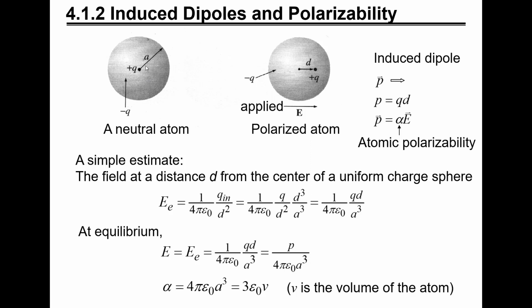And the second one is the electric field pulling the electrons and nucleus apart. So the balance leaves the atom polarized.